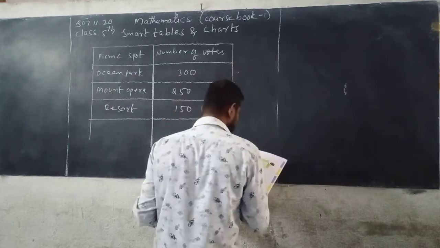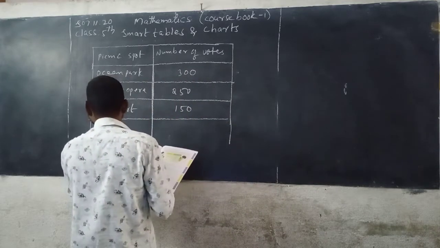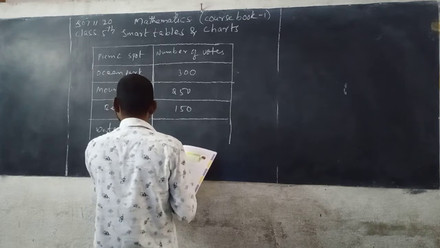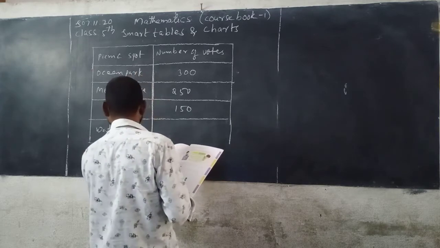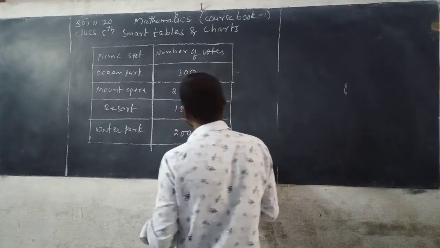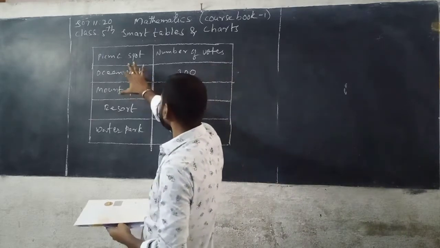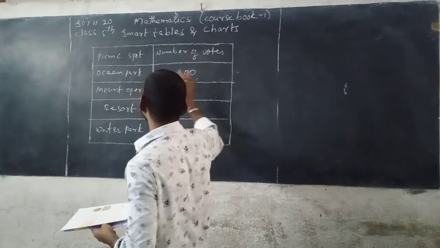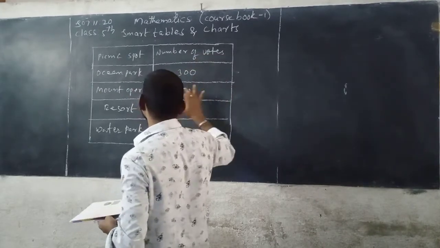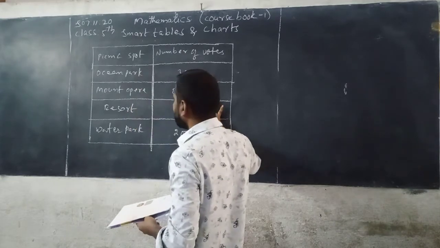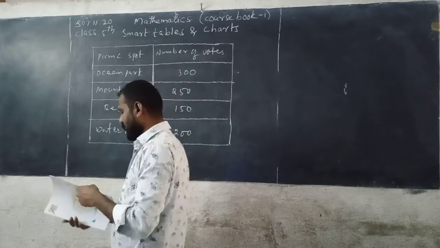Resort, 150. See that? So this is the picnic spot and number of votes. Ocean Park, number of votes 300. Mount Opera, number of votes 250. Resort, number of votes 150. Water Park, number of votes 200.